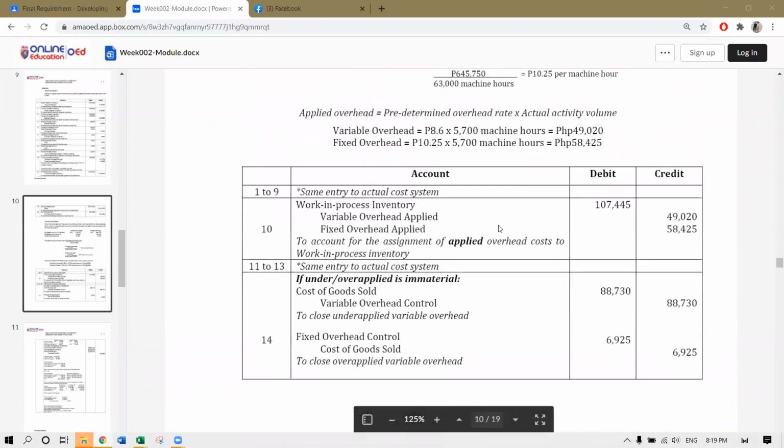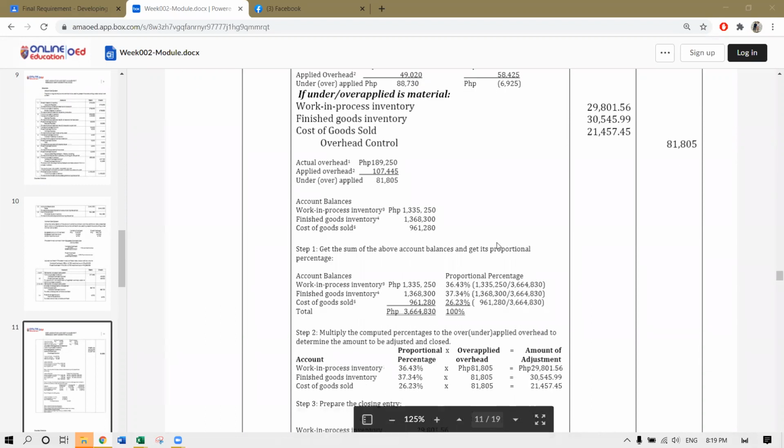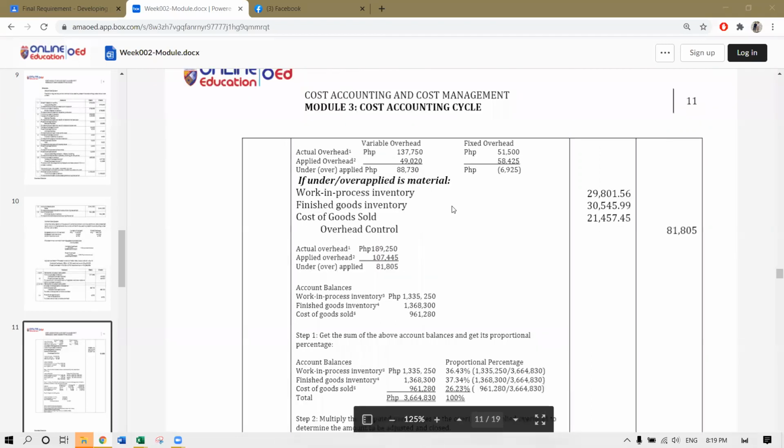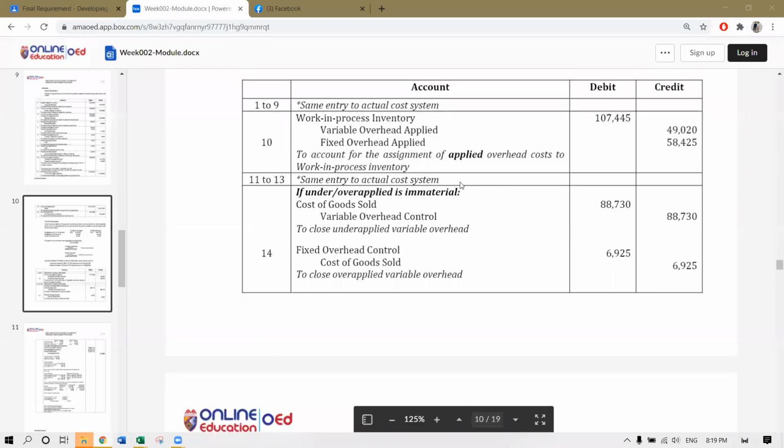Okay, what else? Here is the computation for the class. You can just look at your material for how it was done. Let's go over another method. What we did earlier was immaterial, so it went straight to cost of goods sold.